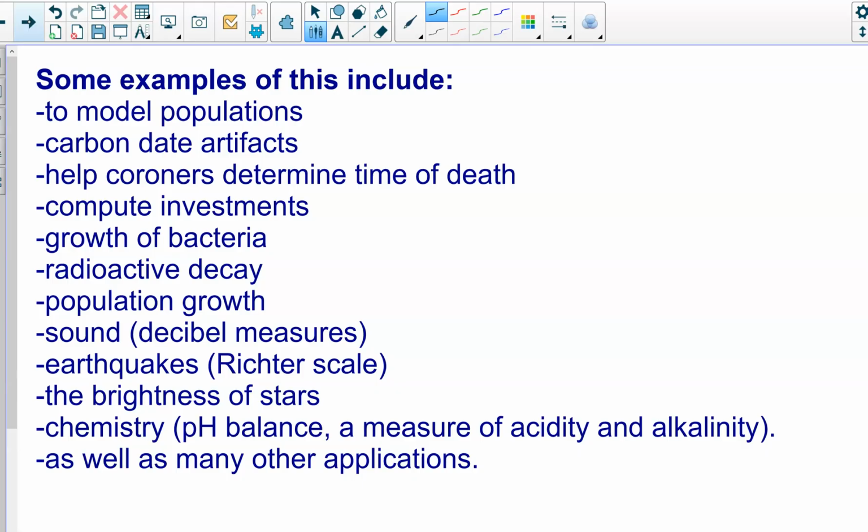Computing investments, growth of bacteria, radioactive decay, population growth, sound decibel measures, earthquakes, the Richter scale, which we will do in this class, the brightness of stars, chemistry, pH balances, a measure of acidity and alkalinity, as well as many other applications. So these are very popular in the real world, how things grow and decay.